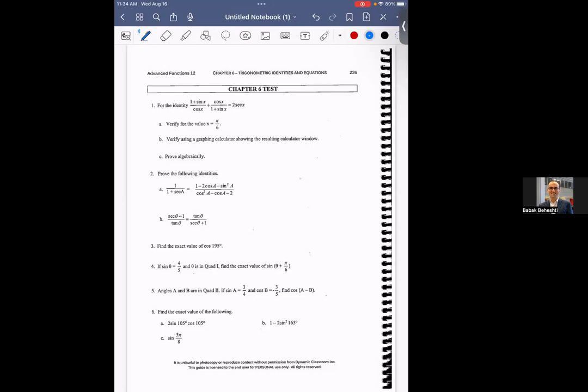165 is 180 minus 15. So it's pi minus pi over 12, right? So 165 degrees is equivalent to pi minus pi over 12. What about 105?